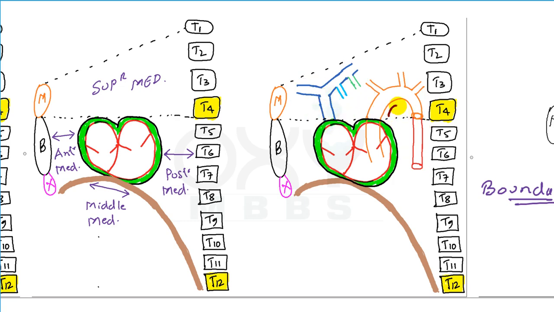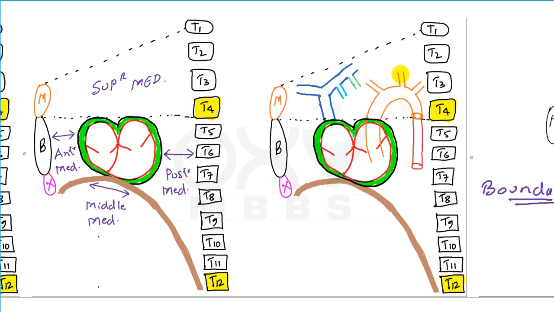Now as you all know, from the arch of the aorta this is the left subclavian artery, this is left common carotid artery, this is brachiocephalic trunk. So from the arch of the aorta these three arteries arise. And now in the left brachiocephalic vein, the thoracic duct and the left superior intercostal vein drain.